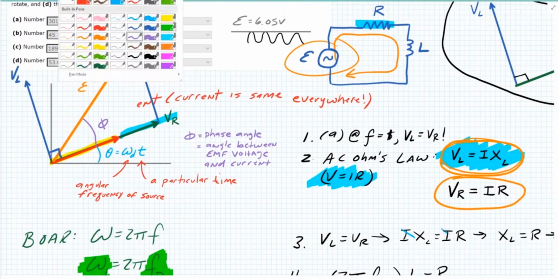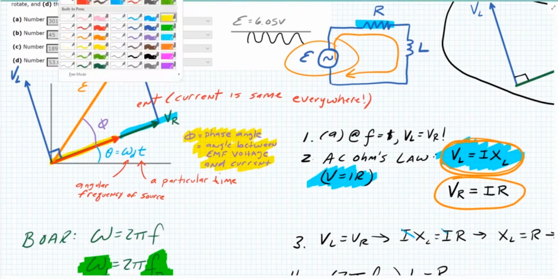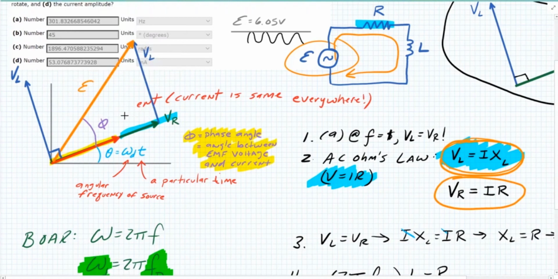So you have a written description of it right here, and a visual staring right at you. In this case, what is that angle? It's kind of easy because we engineered this situation so that these two vectors are equal. Remember what the question was: what's the driving frequency so that the voltage drop across the resistor has the same value as the voltage drop across the inductor?